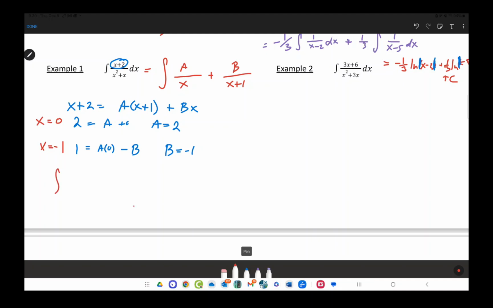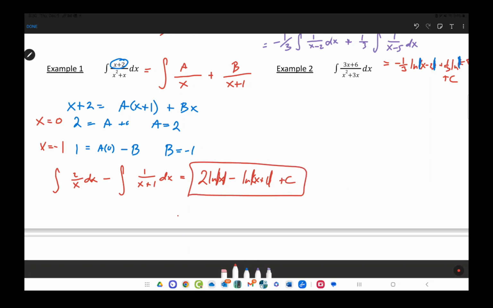So we're doing the integral of 2 over x dx, minus the integral of 1 over x plus 1 dx, which gives you 2 natural log of x minus natural log of x plus 1, with absolute values, plus C. Because b was -1, I just put the negative outside, brought it out of the numerator.